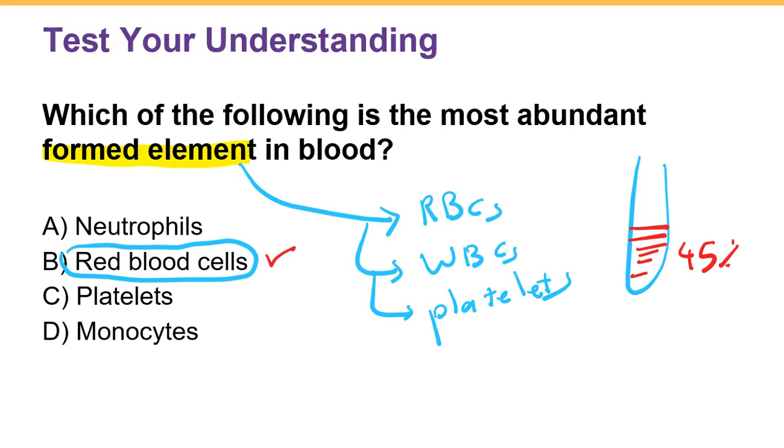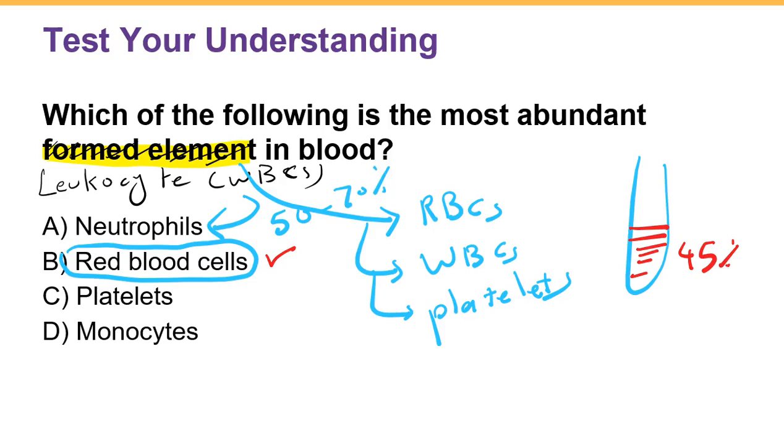And now let's change this wording and ask which of the following is the most abundant leukocyte or white blood cell in our blood. Then your answer should be neutrophil, because neutrophils would be 50 to 70% of all white blood cells in our blood.